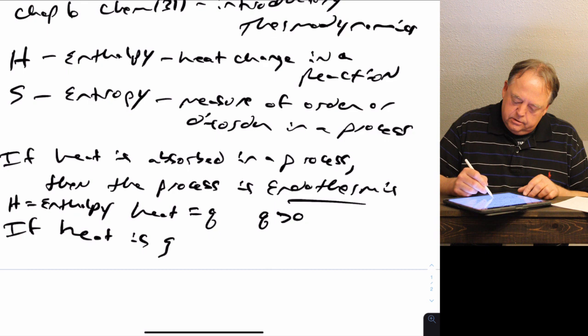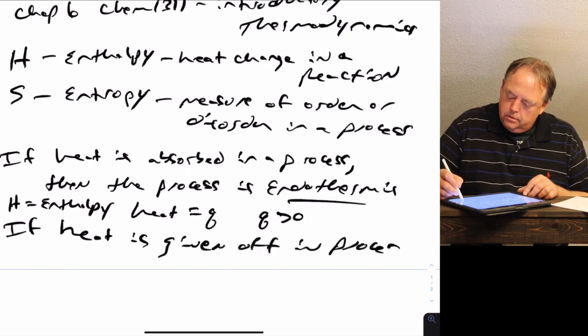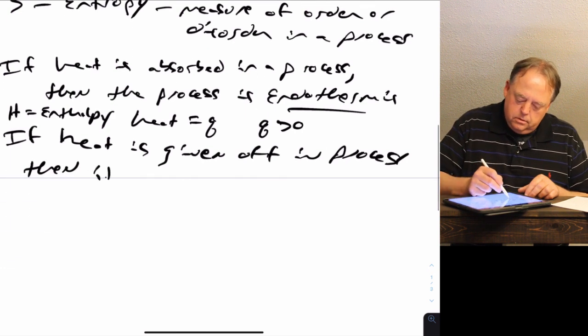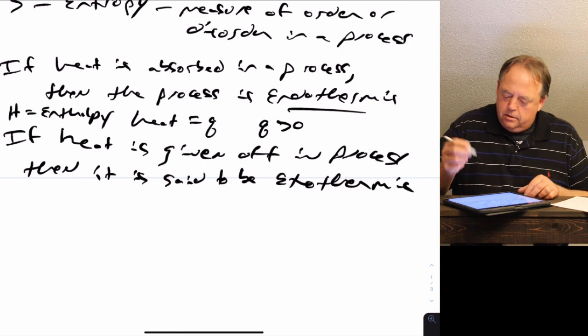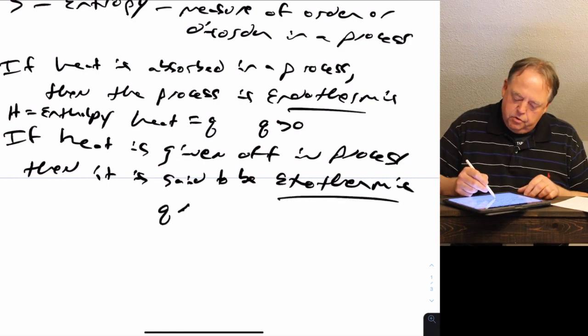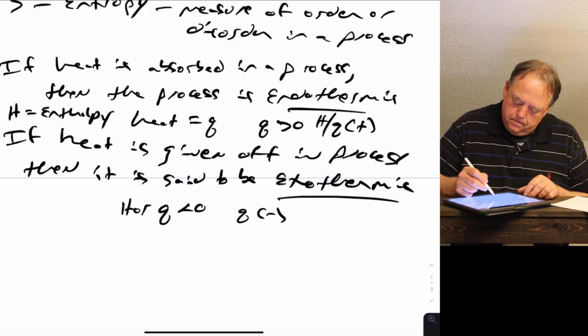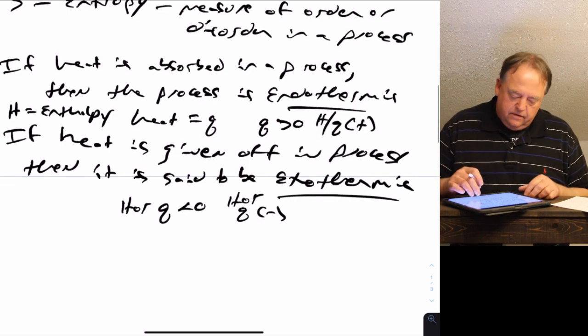If heat is given off in a process or chemical reaction, then the process is said to be exothermic and Q is less than 0, so Q is negative. So H or Q is negative if it's exothermic.